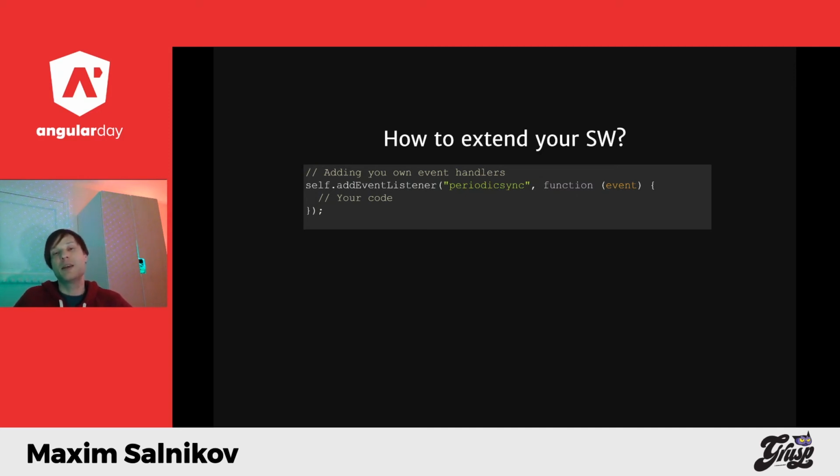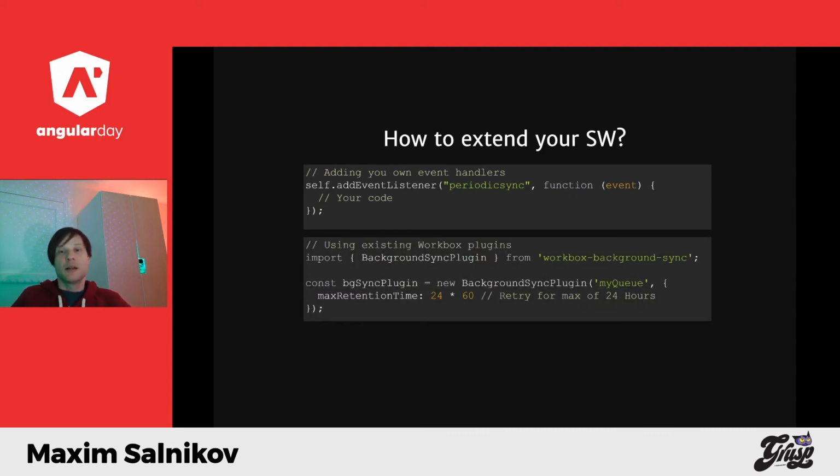Oh, wait, maybe someone from the community will create a corresponding plugin for Workbox to have a higher level of abstraction, because it will take some time for us to write the code for proper periodic syncing. Or if we talk about the background sync plugin to automatically propagate data sent to our APIs during offline mode, we can use the corresponding plugin from Workbox.